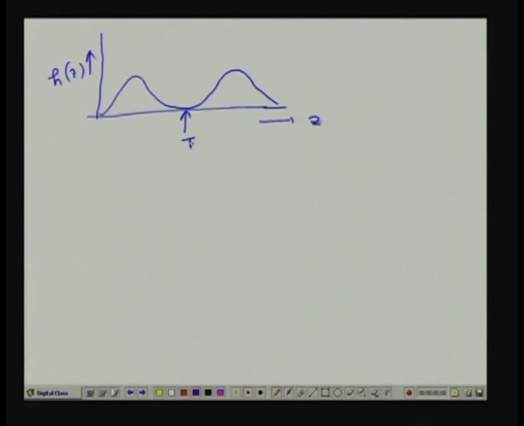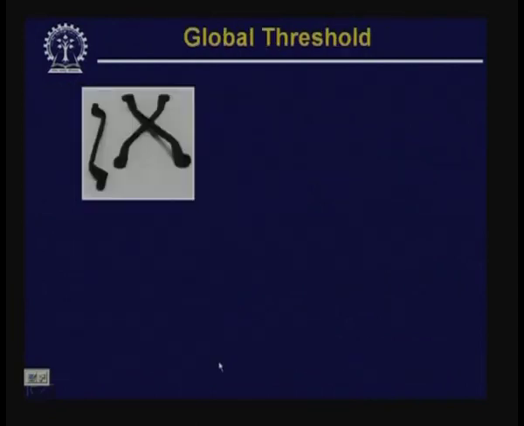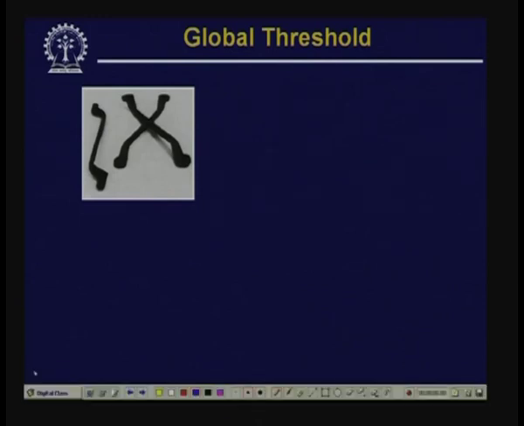Now, by doing this I will show you one particular result. Say for example, in this particular case, here you find that we have an image where the objects are dark, whereas the background is bright.